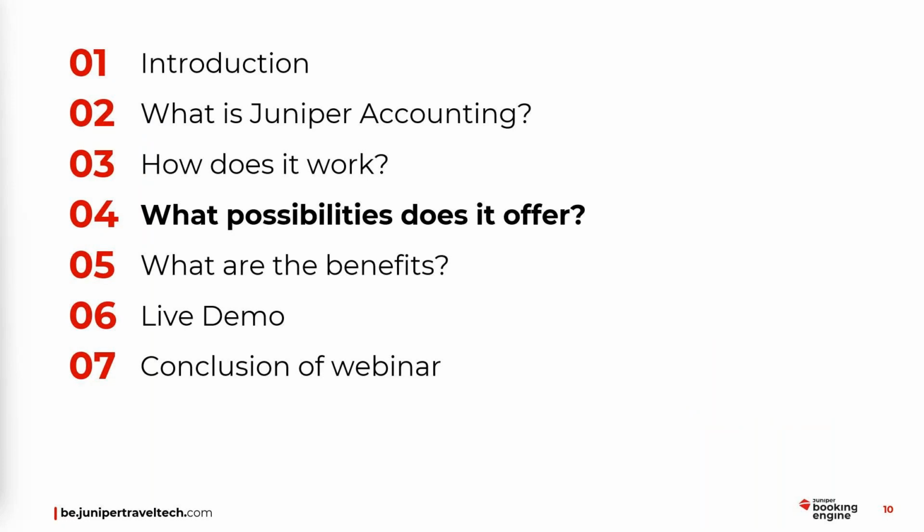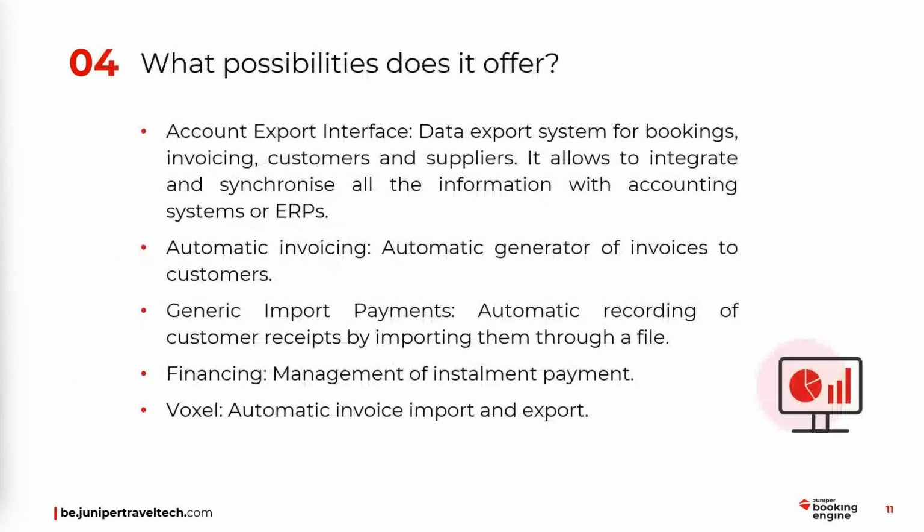What are the possibilities that this module offers? The Juniper Accounting has add-ons or additional functionalities designed to meet the specific needs of each business. On one hand, there is the accounting export interface, which is a data export system for bookings, invoicing, clients, and suppliers, allowing the integration and synchronization of all information with an accounting or ERP system.